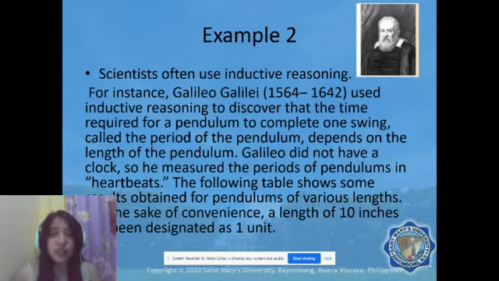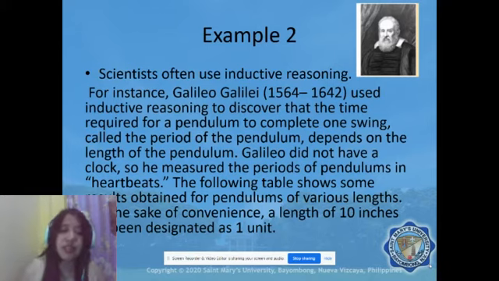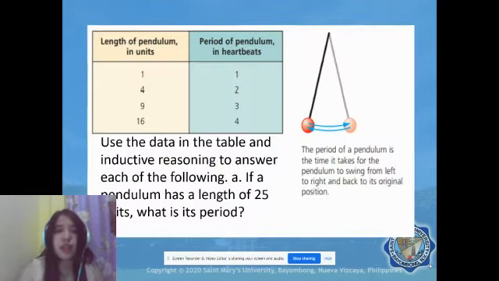Galileo did not have a clock, so he measured the periods of pendulums in heartbeats. The following table shows some results obtained for pendulums of various lengths. For the sake of convenience, a length of 10 inches has been designated as 1 unit.